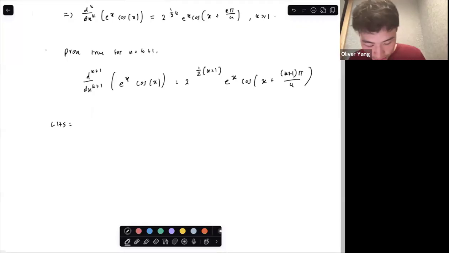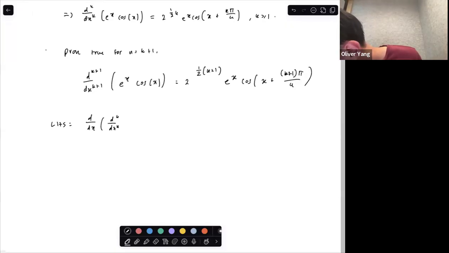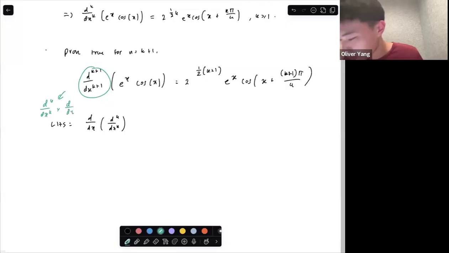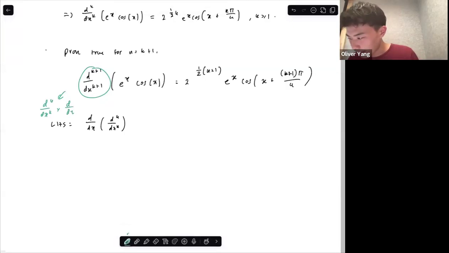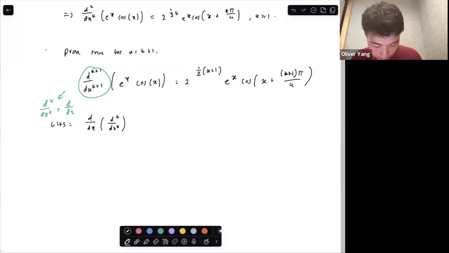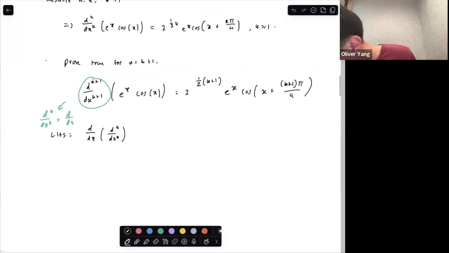So we'll get the d/dx out, and then it becomes d/dx of d^k/dx^k, because we can rewrite this as d/dx times d^k/dx^k, right? So we've just got the d/dx out. And then we can just do e^x cos x, right?